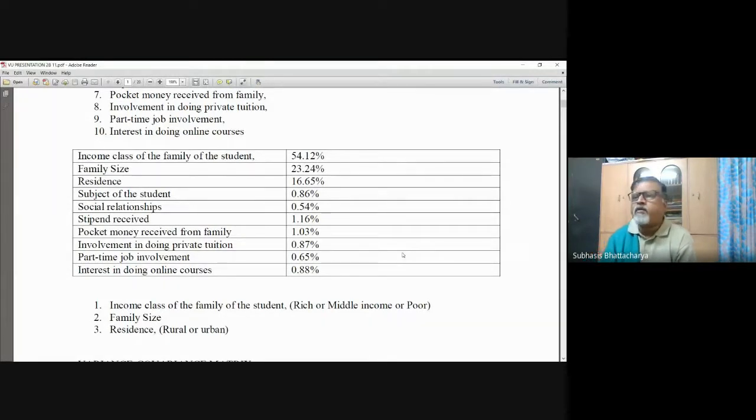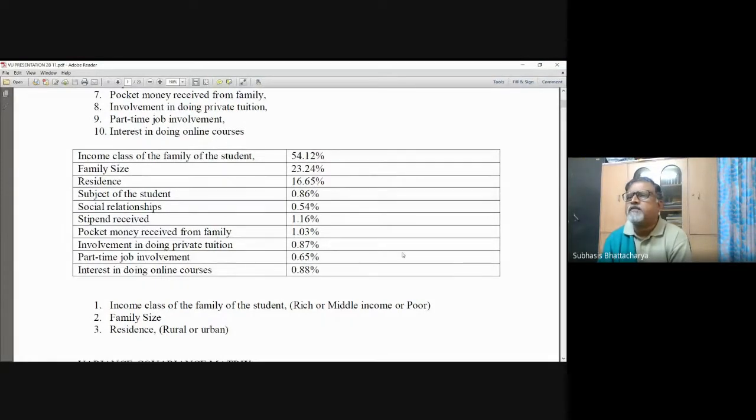So among the 10 listed variables, we found that only the first 3 variables, that is income class of the family of the students, that is rich, middle, or poor, family size, and the residence, explain 94.01% of the sample data recharge behavior. Here you find that the income class explains 54.12%, family size explains 23.24%, residence 16.65%.